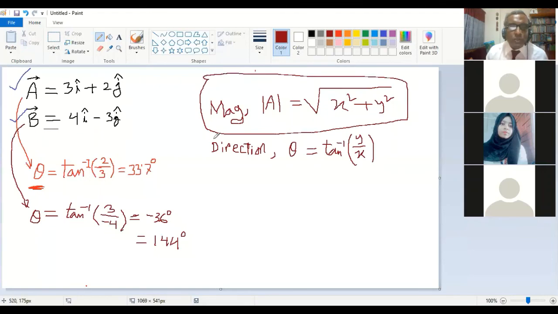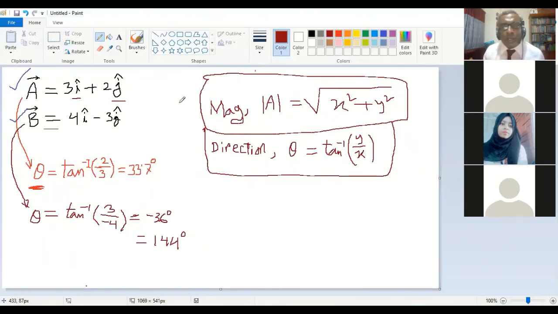So these are the two formulas, and we will continue with this topic and three-dimensional vectors in the next class. These are two-dimensional, because we are considering i and j, x-axis and y-axis only. If we consider x-axis, y-axis and z-axis, that will be three-dimensional, and we will have i, j, k. There are other things, dot product, cross product, which we will discuss. So this is all for today.